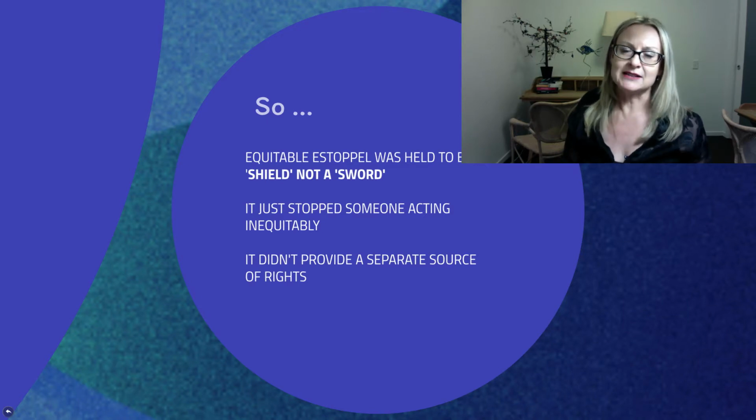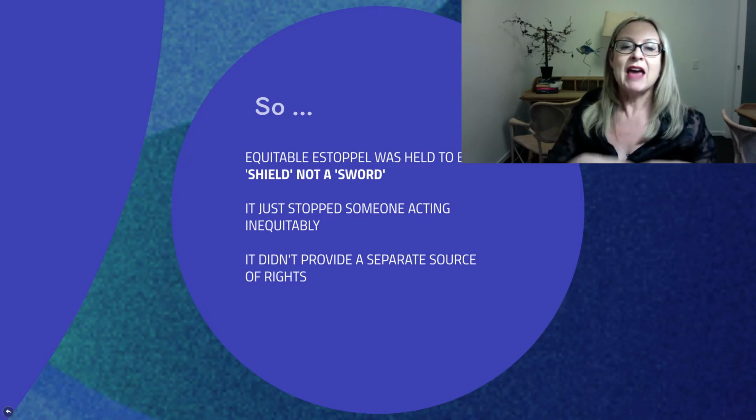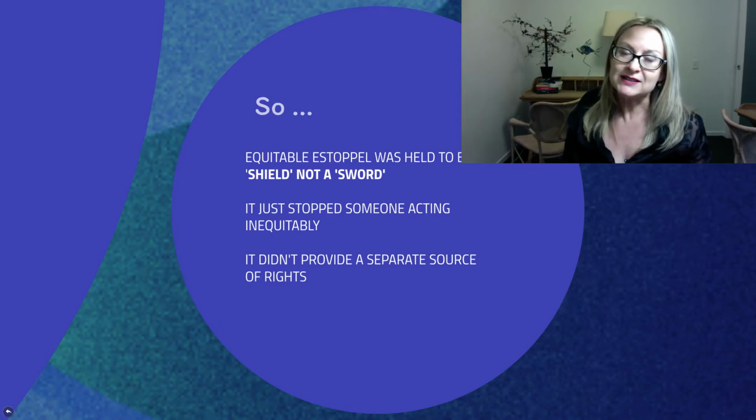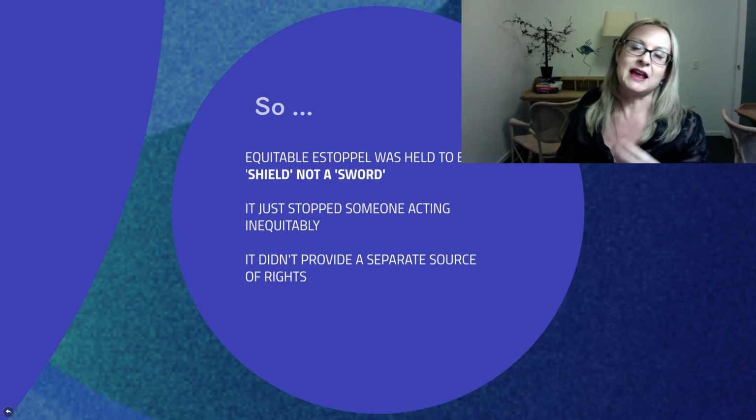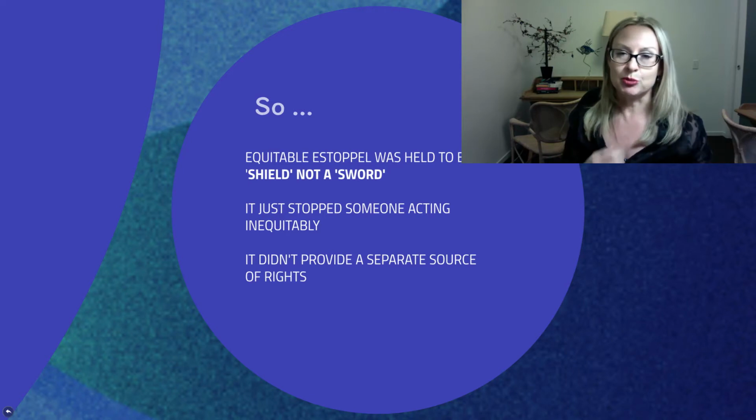In all of the cases hitherto, you'd already had this pre-existing contract on foot between the parties, and then there had been a promise, and then there was reliance, and then there was going to be that detriment if the promise was resiled from. So really all that Equitable Estoppel was doing was a little bit like common law estoppel, in that it just stopped someone from acting in a fashion that was not in accordance with good conscience. So it didn't actually provide a separate source of rights.